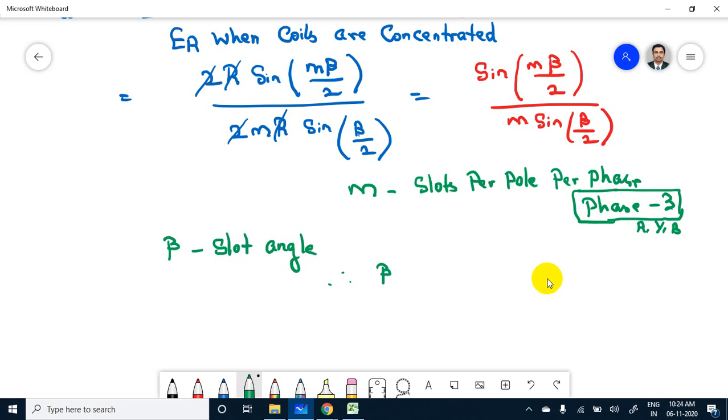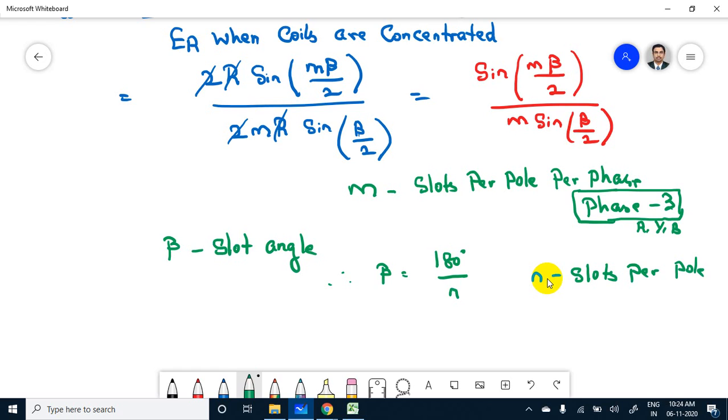therefore beta equal to 180 degree divided by n. This n is nothing but the number of slots per pole.